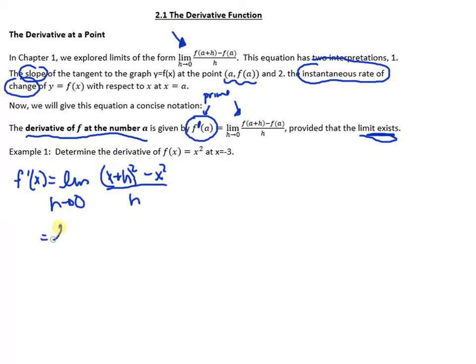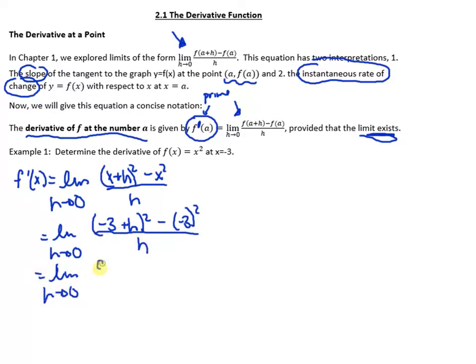Now let's actually just sub in the number -3. -3 plus h squared minus -3 squared all over h. So now let's just expand. We get 9 minus 6h plus h squared minus 9 all over h. These 9's can cancel out.